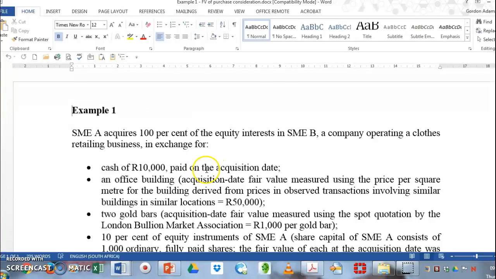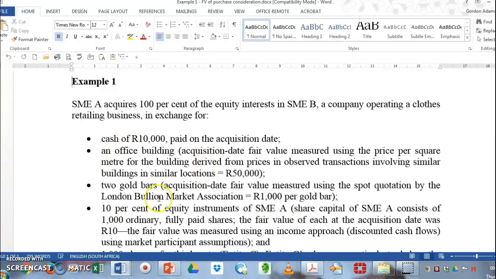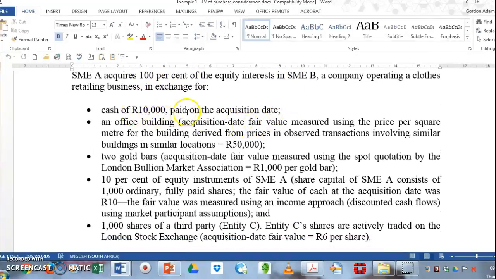So this is what SMEA has paid for the 100% shareholding in SMEB. Cash of 10,000 paid on the acquisition date. And that's fairly straightforward, 10,000 Rand cash paid.